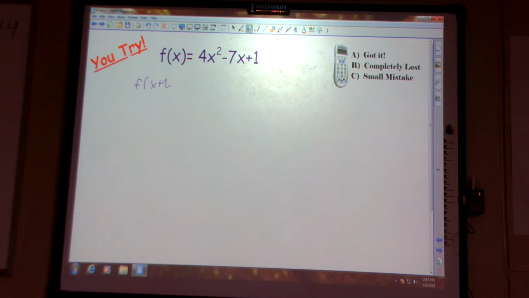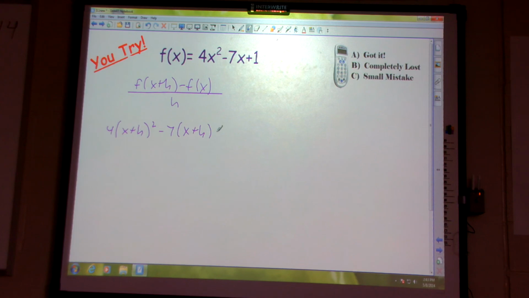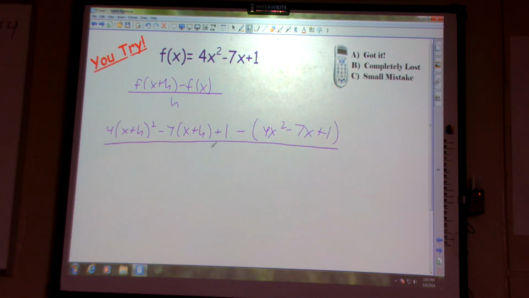Okay, f of x plus h minus f of x over h. So I have 4(x plus h) squared minus 7(x plus h) plus 1 minus all of f of x all over h.